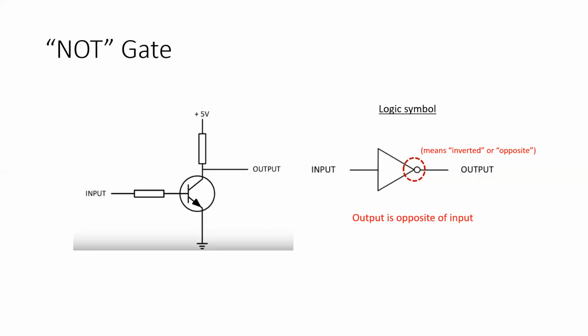That means that it's inverted or opposite, and we signify that with a circle at the tip of that little triangle. So that means if I have a positive input or plus 5 volts, the output would be 0 volts.